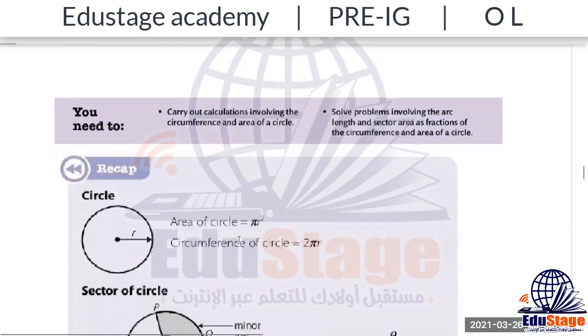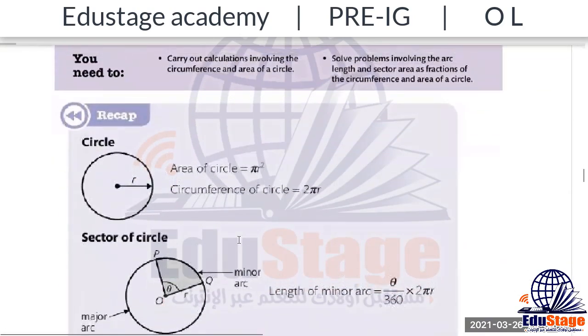Go down. Now the circle. In the circle, actually, you need to find the circumference and the area of the circle, and also solve problems involving the arc length and the sector area as a fraction of the circumference and the area of the circle.